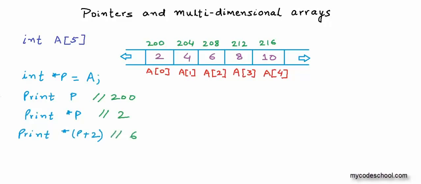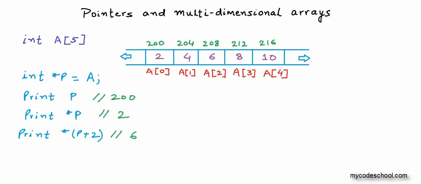Because we have an integer pointer, adding 1 will take us to the address of the next integer, which will be 4 bytes ahead. Adding 2 will take us to the address of next to next, which will be 8 bytes ahead. If we would be printing p plus 2, it will be 208, and if we would dereference and print asterisk p plus 2, then it will be value 6. We have already discussed pointer arithmetic in our previous lessons.